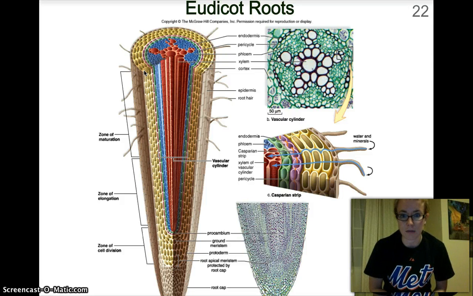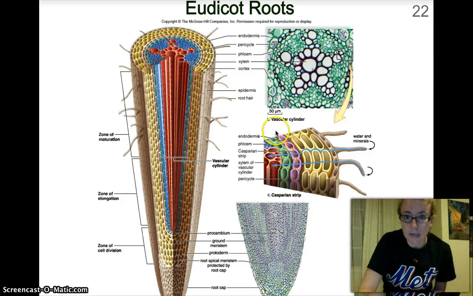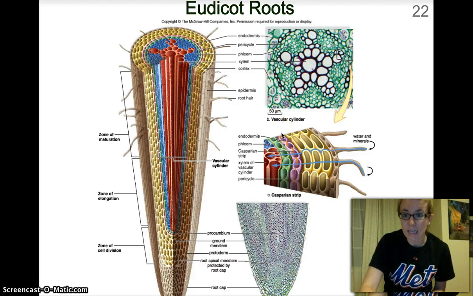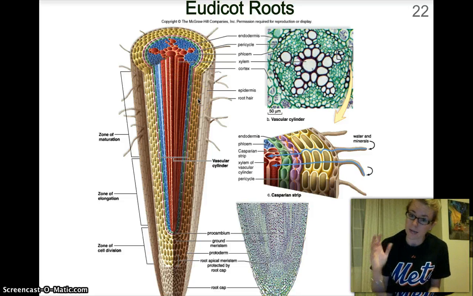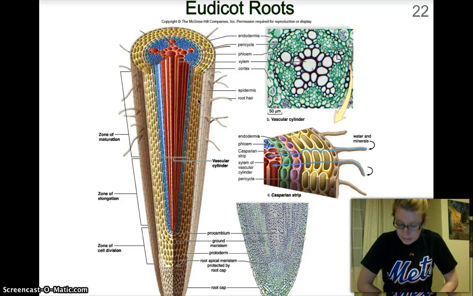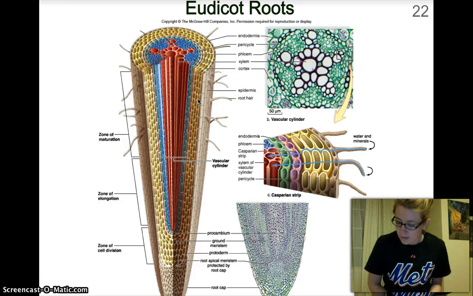Then next we have the endodermis. The endodermis is this pink layer right here, and its job is to protect all the stuff inside, which we're going to get to. So it's kind of like the guard between the cortex and everything further inside of the root. It's a single layer of rectangular cells that forms the boundary between the cortex and the vascular tissue.